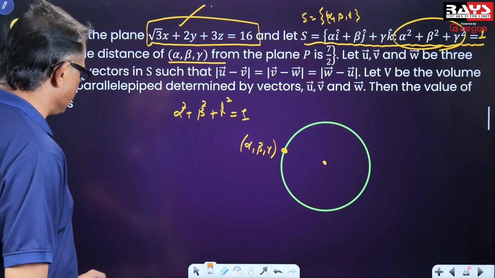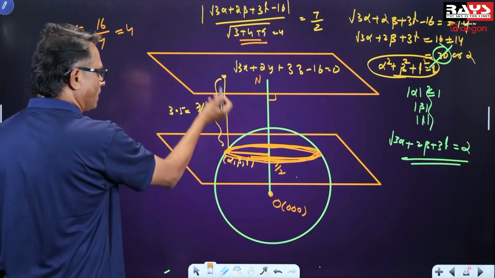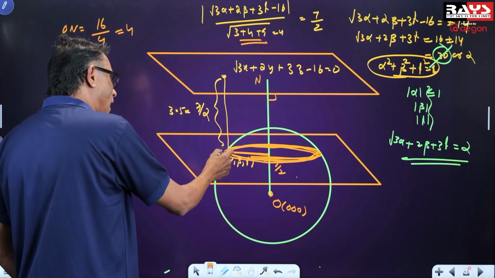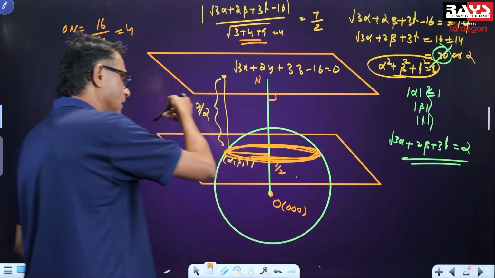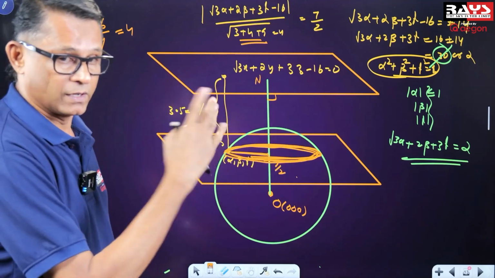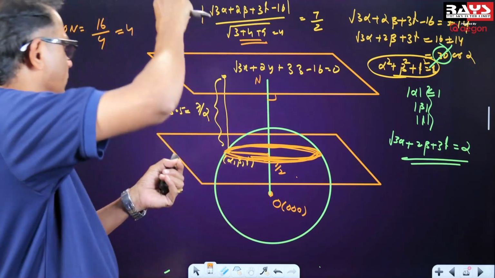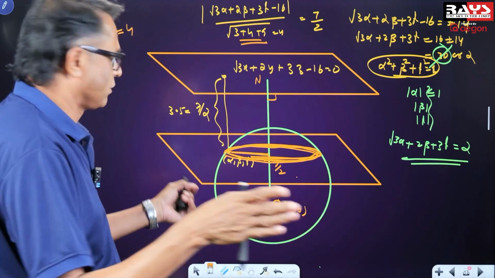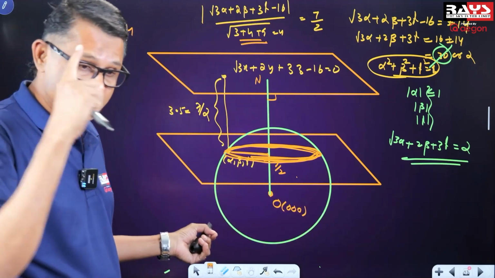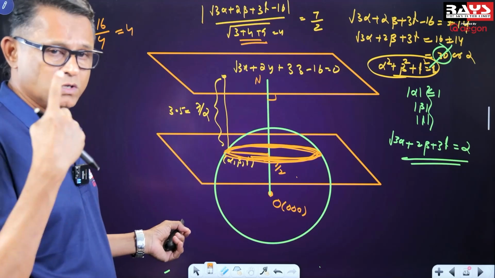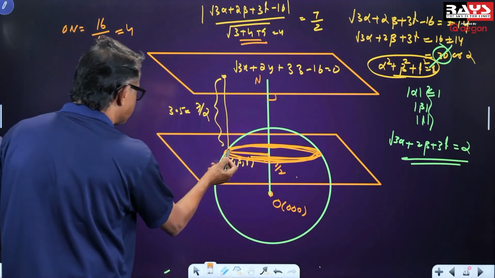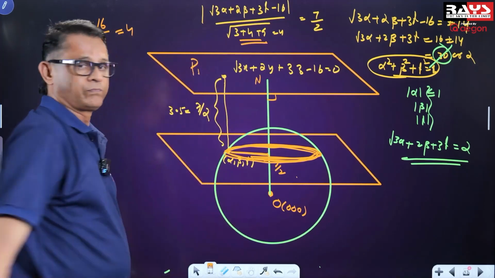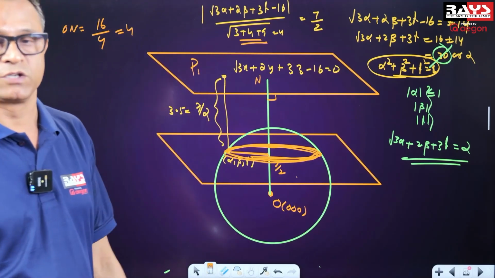That means alpha, beta, gamma are points on the sphere where the distance from the plane should be 7 by 2, that is 3.5.